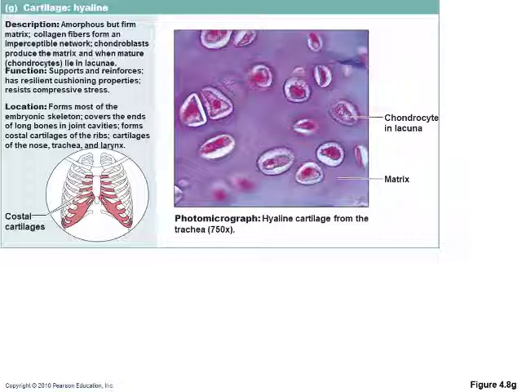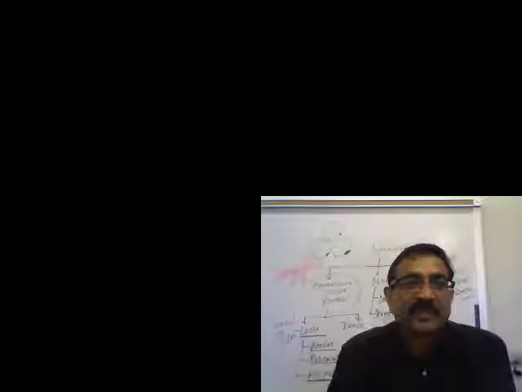Where you will find it, hyaline cartilage forms a number of structures. Number one, skeleton of the fetus. So fetal skeleton. In a very early stage of life, the whole skeleton is hyaline cartilage. There is no bone.